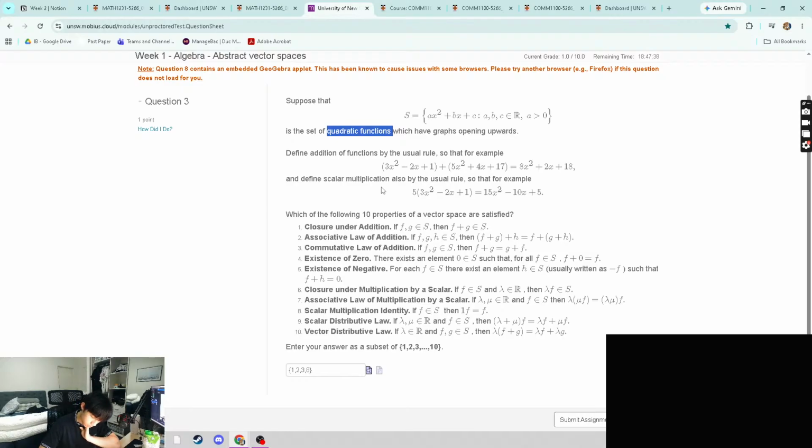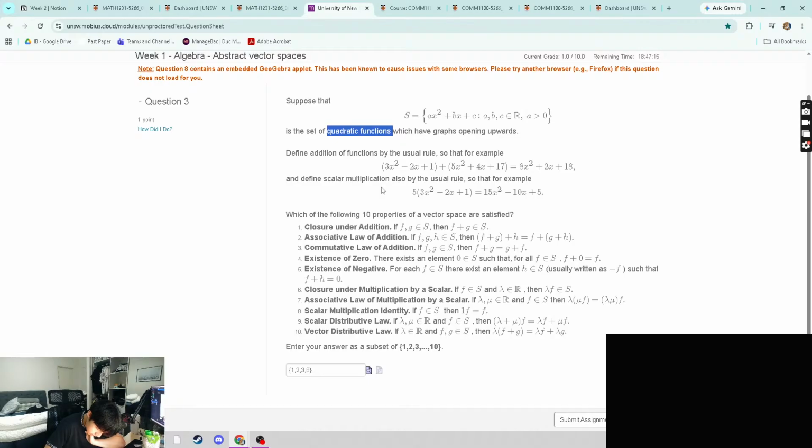No, it doesn't work. Probably not, because we have to keep it as a quadratic.